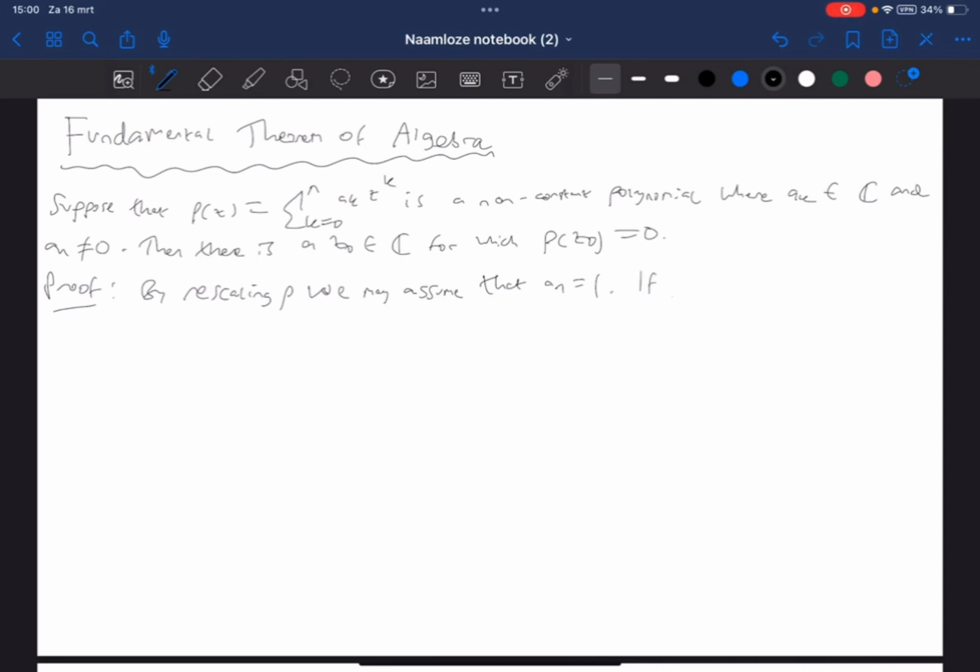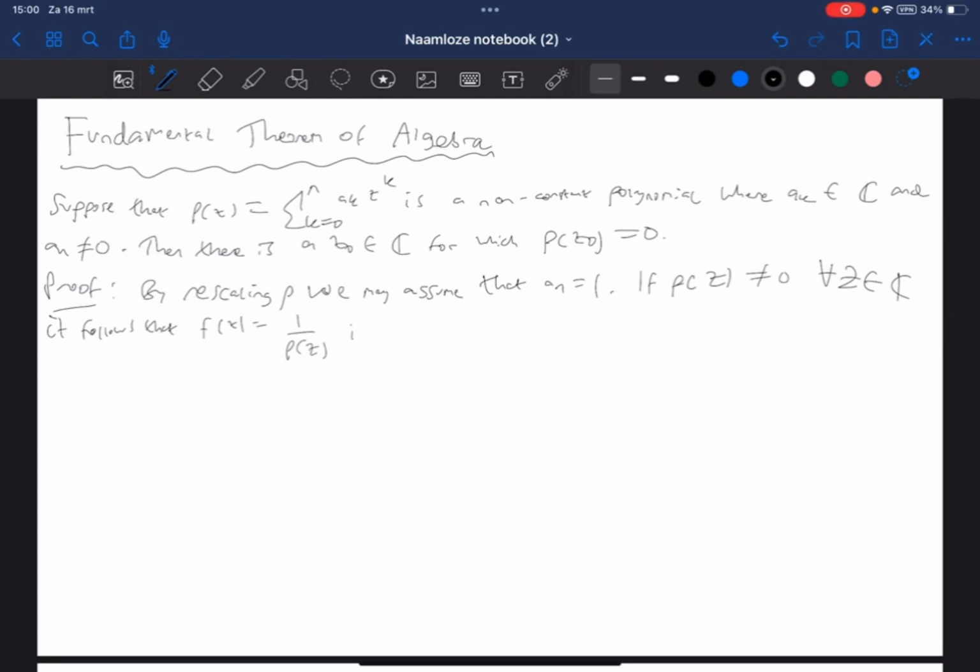So if p of z is non-zero for all, upside-down capital A is for all, by the way, for all z in the complex plane C, it must follow that f of z is 1 over p of z.